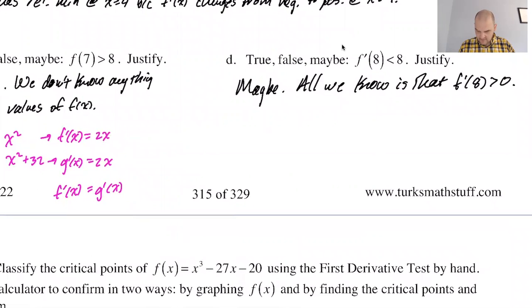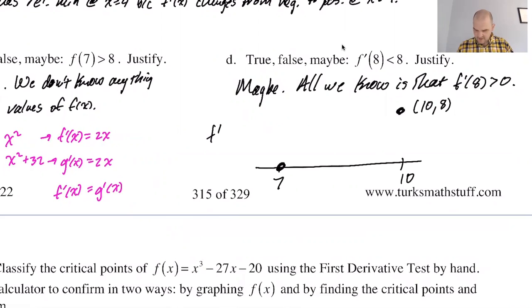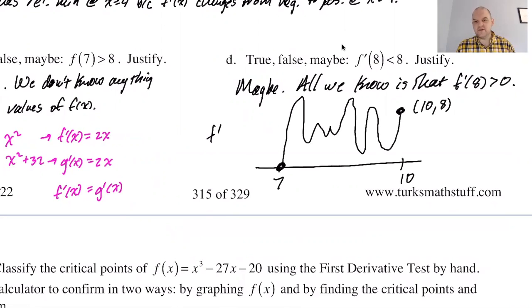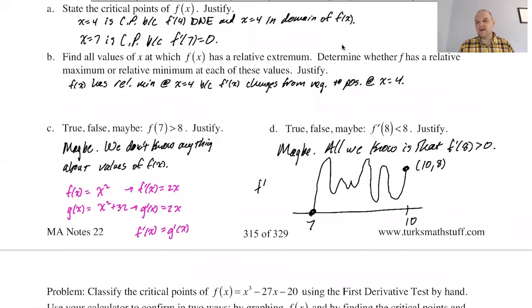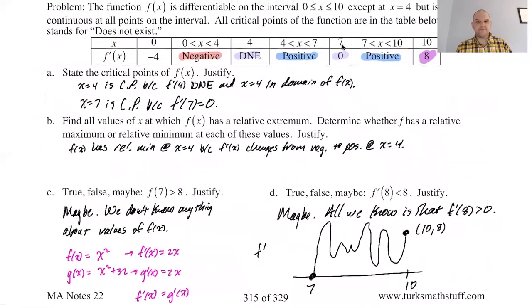So if this is a graph of f prime, then at 7, I need to be 0. At 10, I need to be up at 8. And then, really, you could just do anything. There's no way to know, right? All we know is that it's positive on that interval. We don't know anything else.